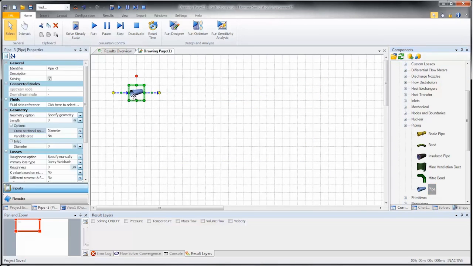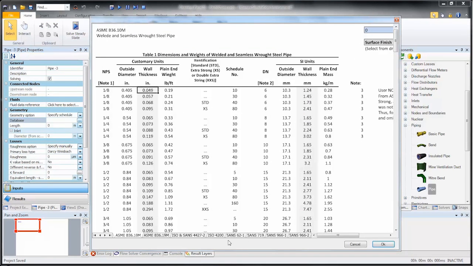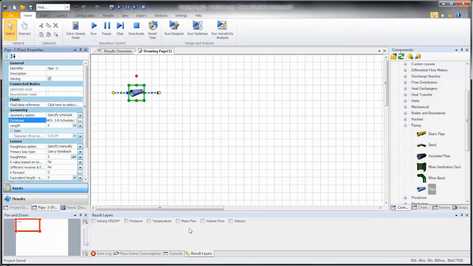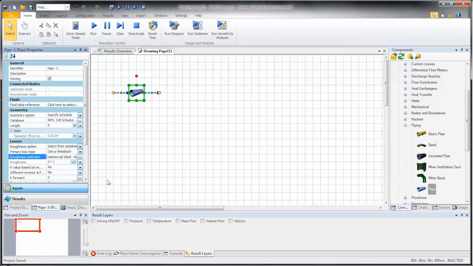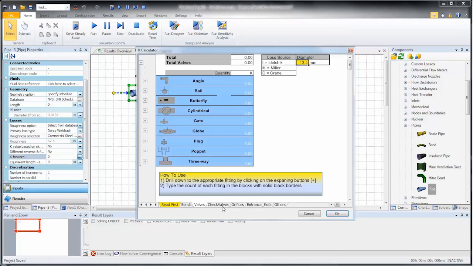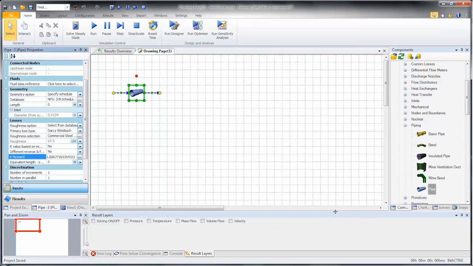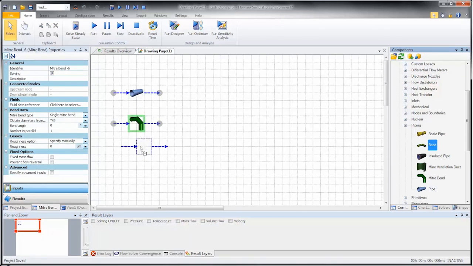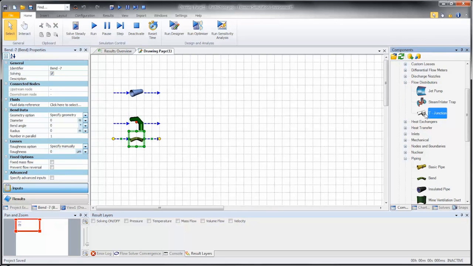You've already seen the pipe, but I want to introduce you to our database for selecting the diameter from different pipe standards, roughness for various pipe materials, and secondary losses, like a specified amount of, say, 5 90-degree bends. For detailed modeling, you can use either of the pipe bends, specifying the bend angle and radius, and also the flow distributors, such as T-junctions.